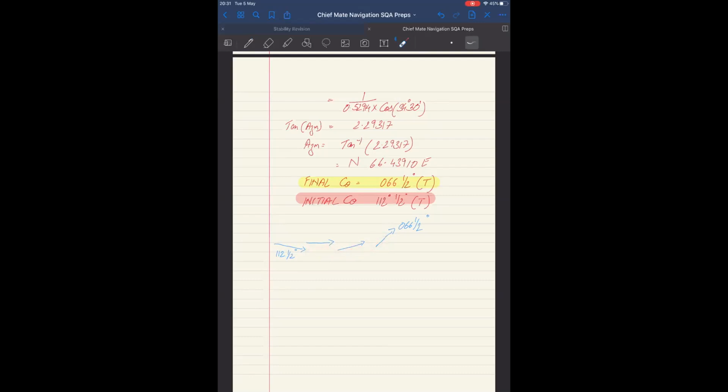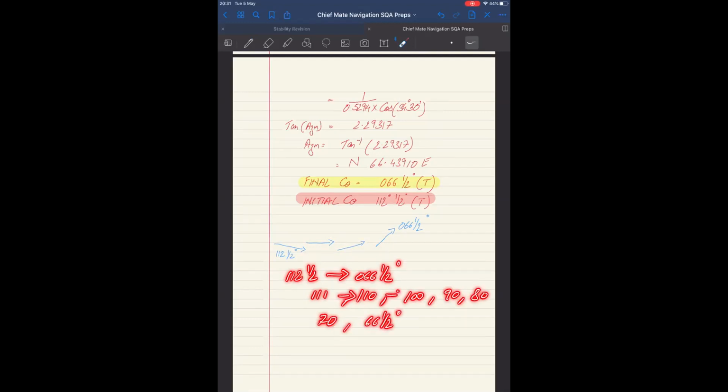Now there will be one instance when the course would be 090, because the course is changing from 112.5 degrees to 066.5 degrees. So it would be like 111, then 110, then at some point of time it will be 100, at some point 90, then 80, then 70, then 66.5 degrees.